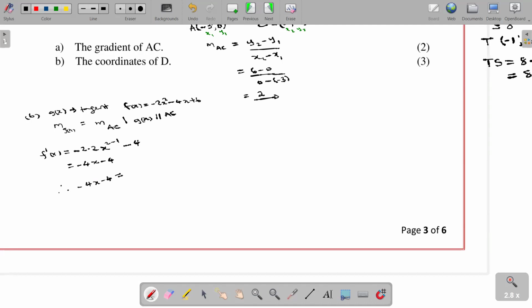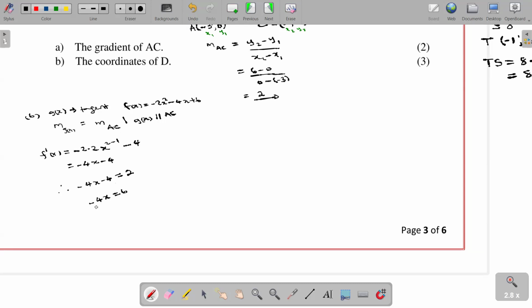This can now be equated to the gradient of AC, which we obtained to be 2 there. Then if we simplify this, our negative 4x will be equal to 6.